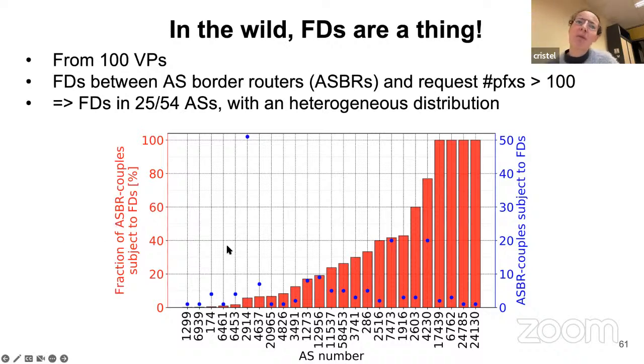For example, here you see the fraction of couples that we measured where we experience forwarding detours, which is very small compared to the total number of fractions we measured.